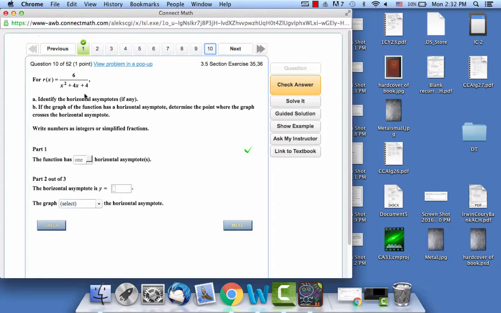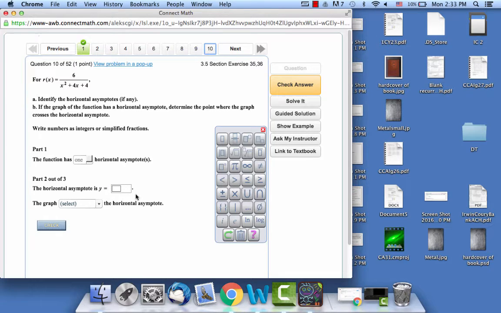Okay, so now our question is, if we know that y equals 0 is the horizontal asymptote, does it get crossed? The answer is usually that it does not. But sometimes it does. So in this case, what we would do is set this function equal to 0. But remember, if I set it equal to 0, I'm really looking for the numerator to be 0. This numerator is 6. 6 is not 0. So it actually doesn't ever cross that.